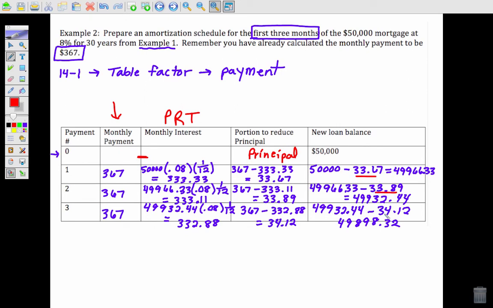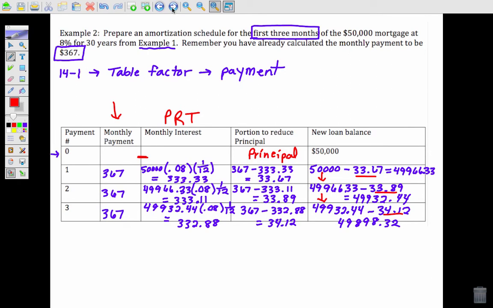Each time you subtract the amount that goes on the principal, also notice your balance goes down a little bit each time. This is how you do an amortization schedule. If I were asking you to do it for 30 years, you would have to do it 360 times. Obviously we're not going to do that. We're just going to do it for a few months.